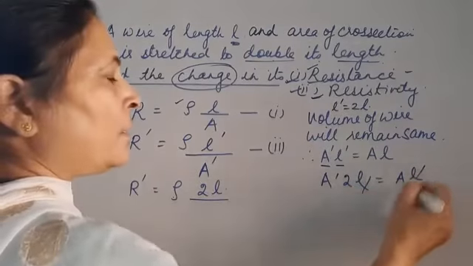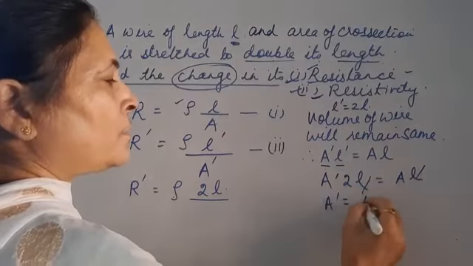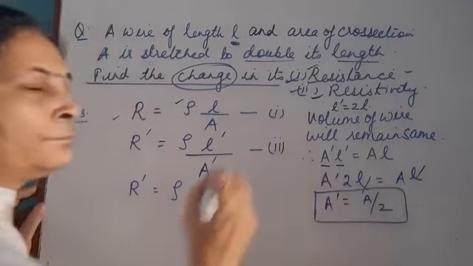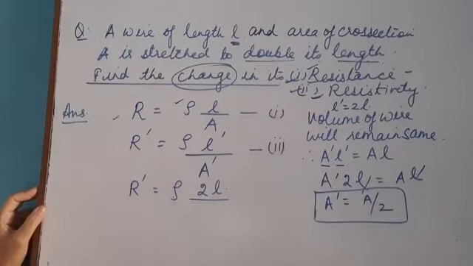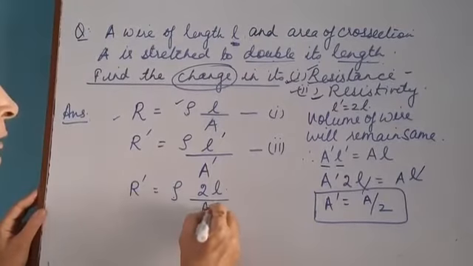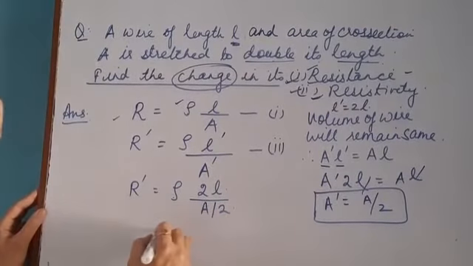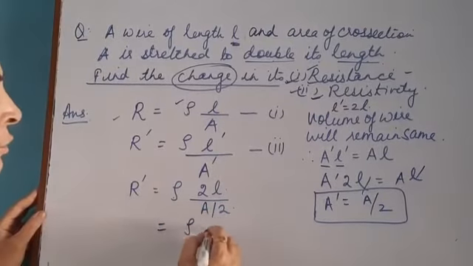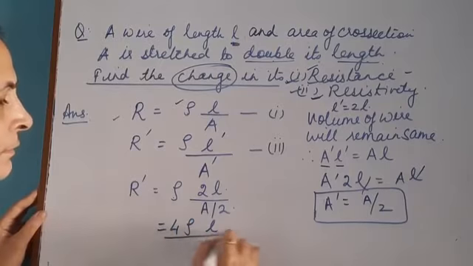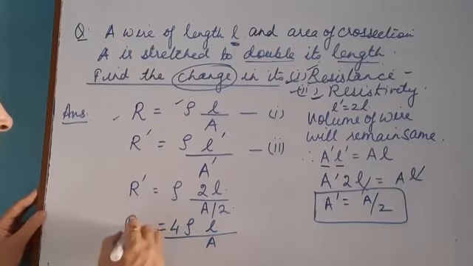L and L will cancel out, and I'll get A dash equals A by 2. Now I can substitute the value of A dash here. With A by 2, this is going to give me 4ρL upon A. This is my R dash.